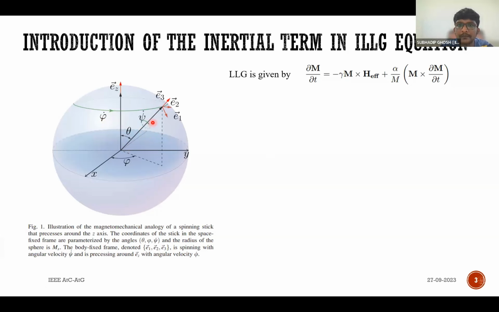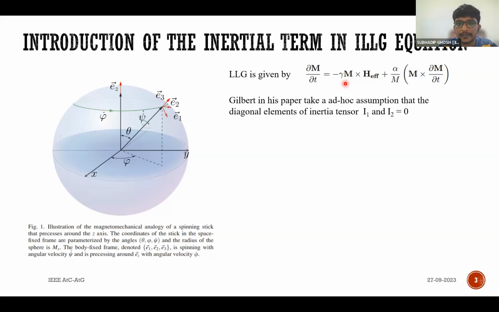But in the equation there is no trace of inertia, because when Gilbert derived the equation from classical mechanics, he took the principal moments of inertia I1 and I2 to be zero. But in the real case, this condition cannot be satisfied.